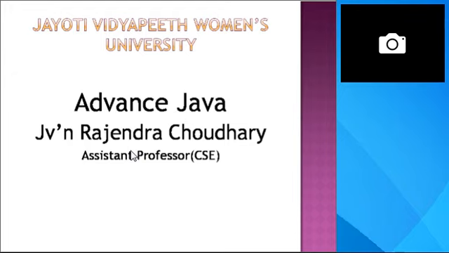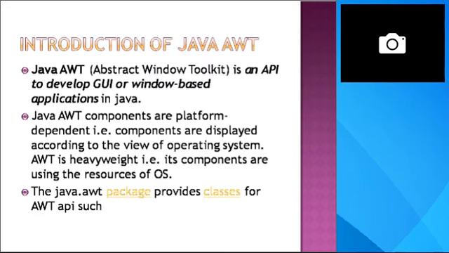The AWT was designed to provide a common set of tools for GUI design that could work on a variety of platforms. Here is the first slide of Java AWT, where we put some statements related to AWT.